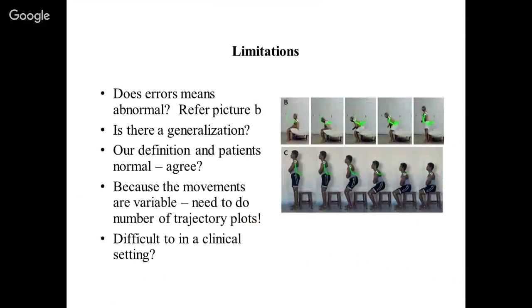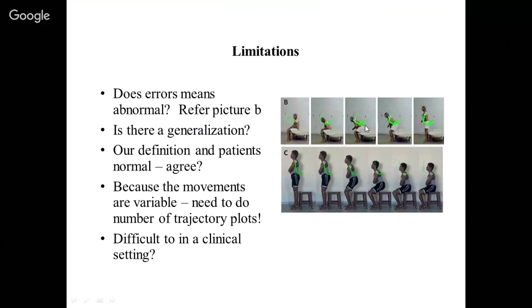So what are the limitations, right? One of the common limitations I can think of in a Gaussian model is, if you ask this patient who was standing up not in a Gaussian trajectory, right? He is not coordinating in the manner which most of us are coordinating. And if you ask him, okay, you are doing an excessive trunk movement or this and that, he will be like, I don't care, right?